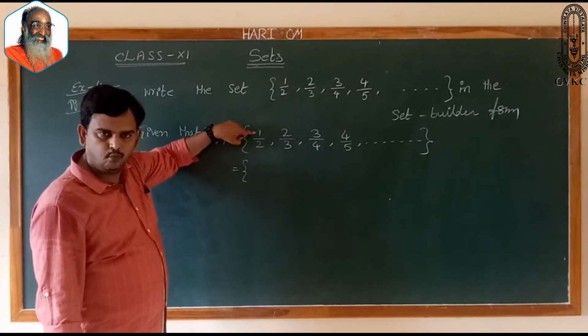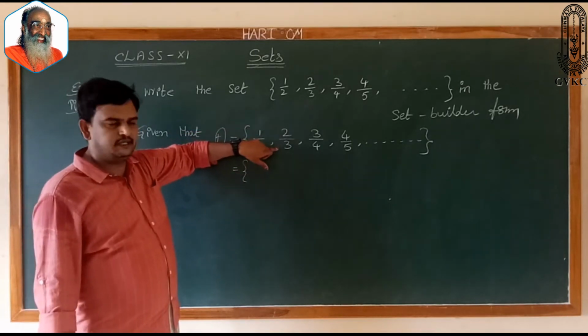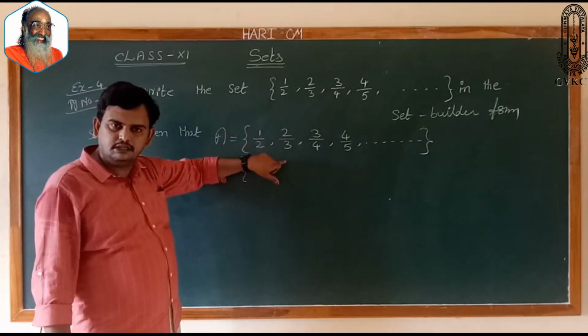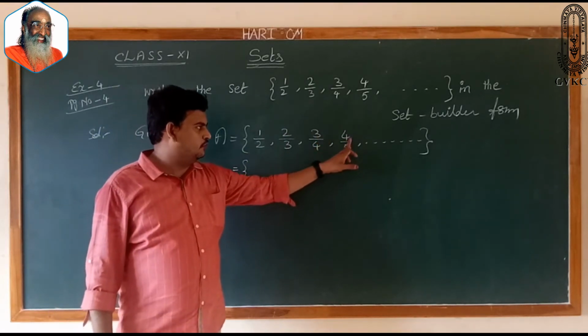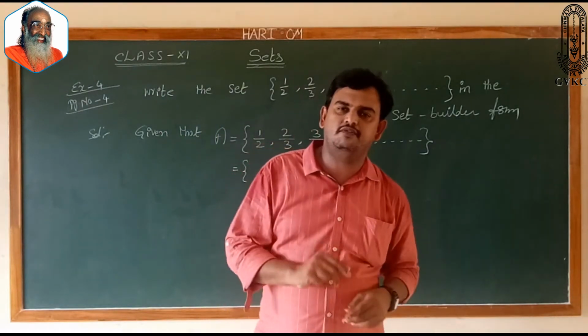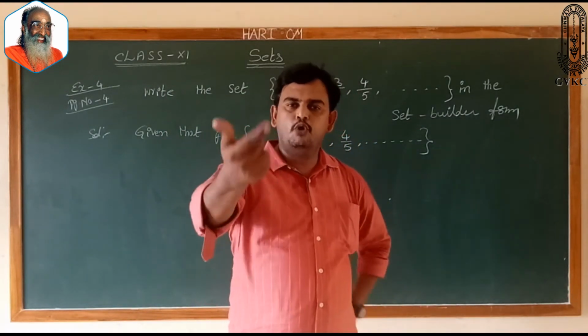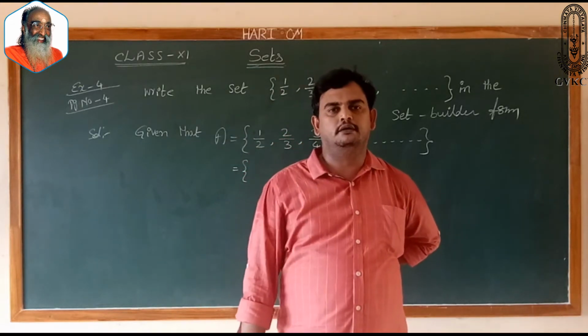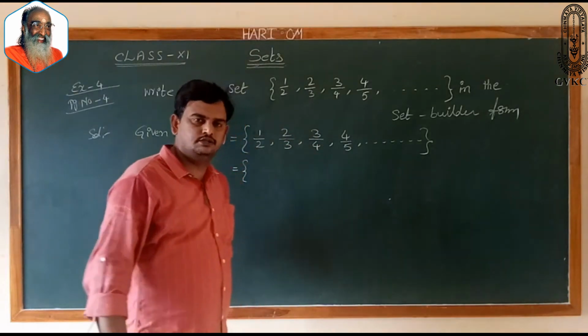What is the numerator here? 1. 2 is 1 plus 1. 2 by 3, 3 can be written as 2 plus 1. 3 plus 1, 4 plus 1 means the denominator is 1 more than the numerator.